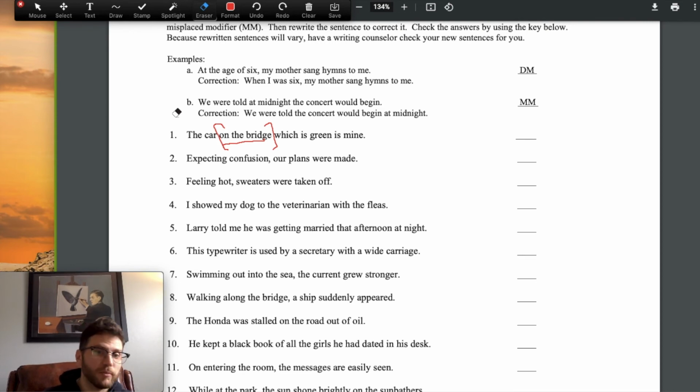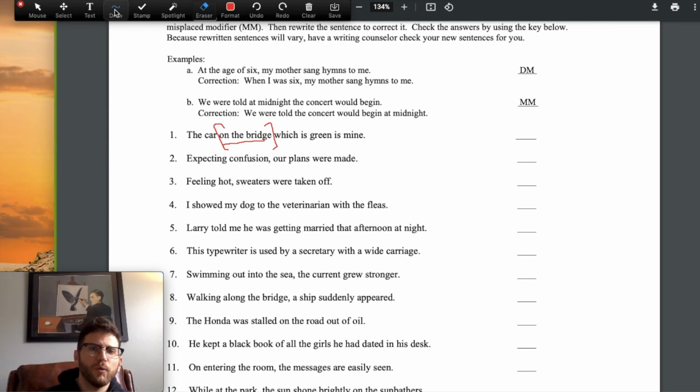I suspect it's probably not, though. I suspect the person is talking about the car. So let's assume this person is talking about a green car, that the car is his, and we also have to assume that the bridge doesn't belong to this person. The car belongs to this person, and it's the car that is green.